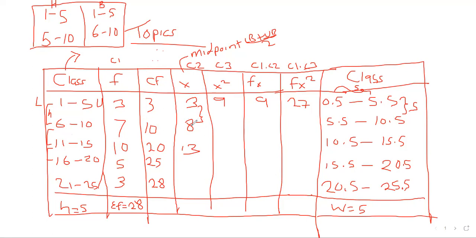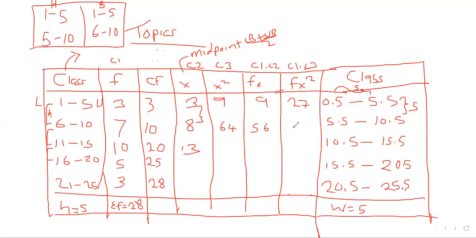All right, so how did we get this 8? We added the lower bound plus upper bound and the answer divided by 2. How do we get the next number? We square this one, which is 64. And how do we get this answer here? We now start from the frequency. 7 times 8, we get what? 56.